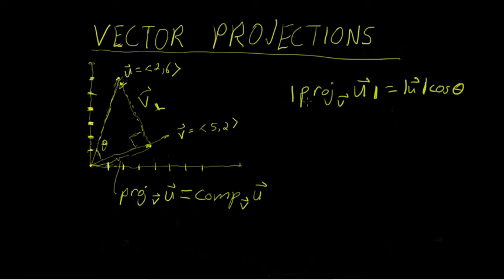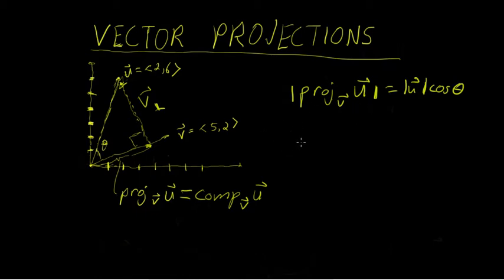But let's say we don't want to deal with sines, cosines, or thetas, and we just want some expression for the length of this projection vector in terms of u and v, and let's say we're allowed to use the dot product.